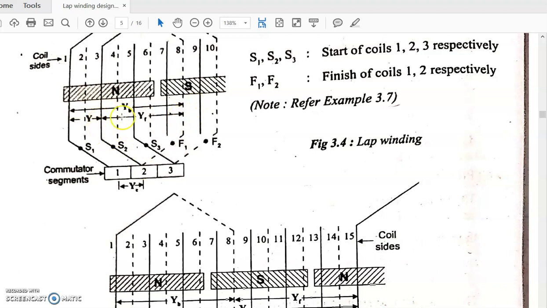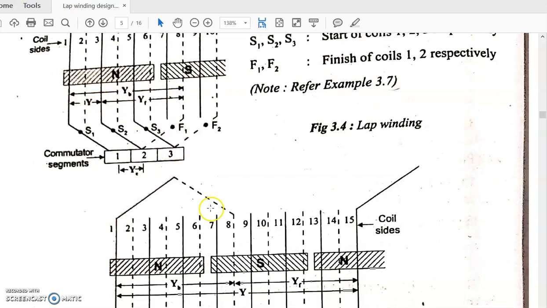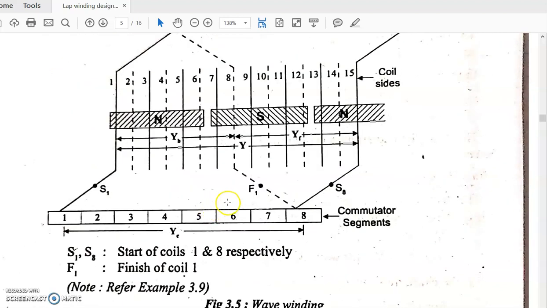So the distance between start and finish of a coil connected to the same commutator segment is 8 minus 3 in the case of lap winding. And if you take one of the commutator segments, say this commutator segment number 8, here two coil sides are connected, 15 and 8.